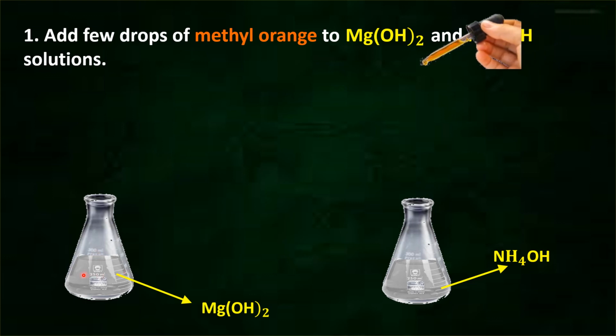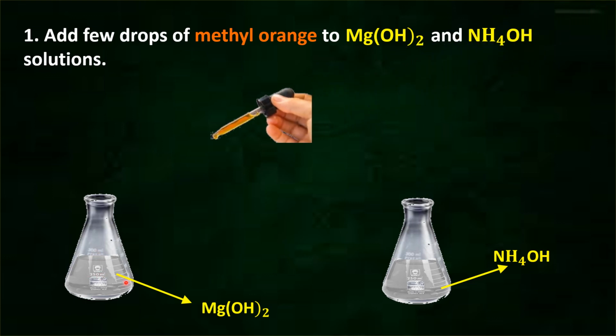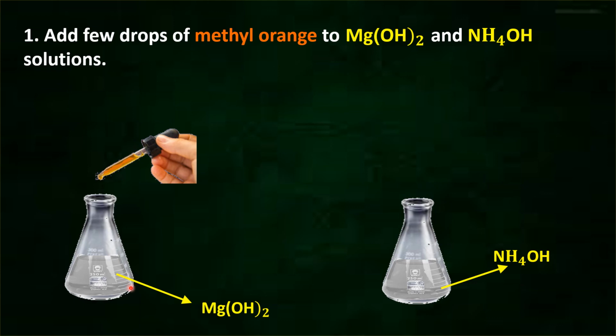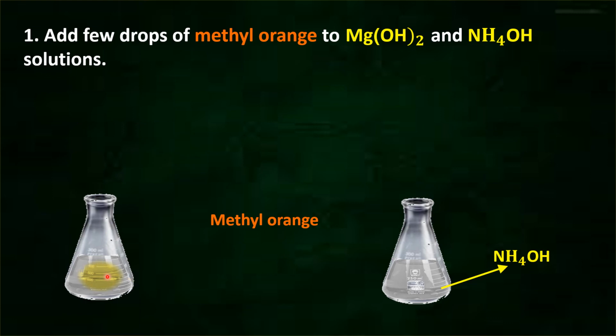This is methyl orange. Here the solution is changing to yellow color. With sodium hydroxide and potassium hydroxide the same thing happened, and for magnesium hydroxide also the same thing is happening, isn't it? So colorless is changing to yellow color.